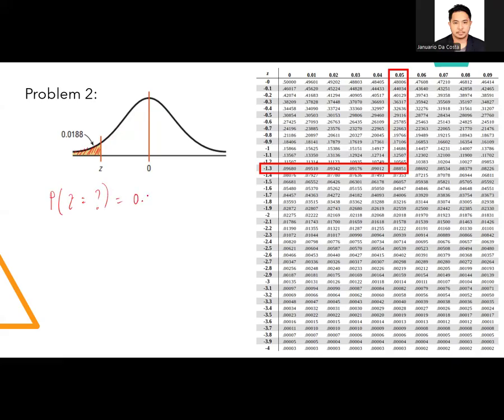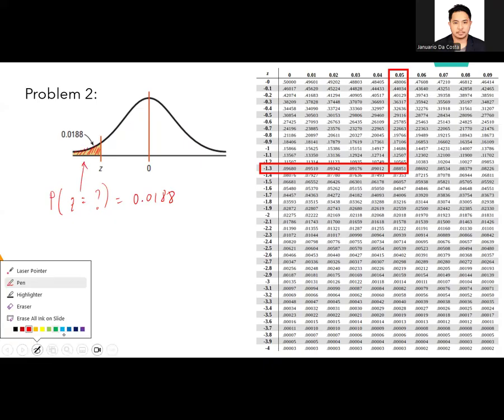Equals 0.0188. Okay, what does this correspond to?